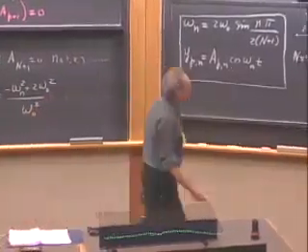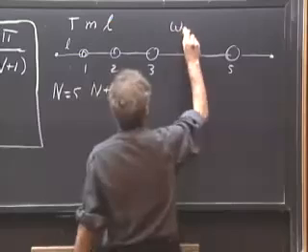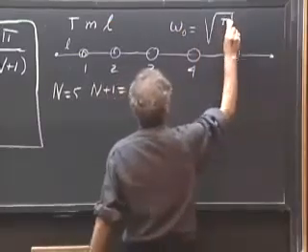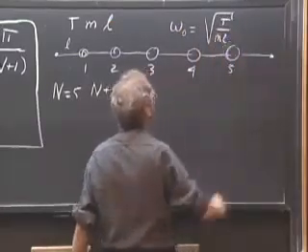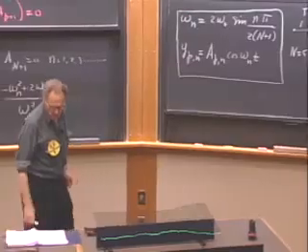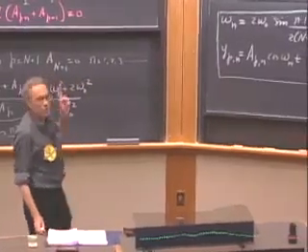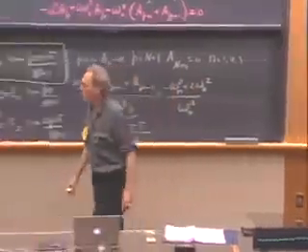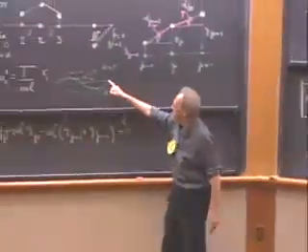And then omega 0 is the square root of T divided by ML. So I'm interested in knowing what the frequency is in the lowest possible mode, which is going to resemble something like this.